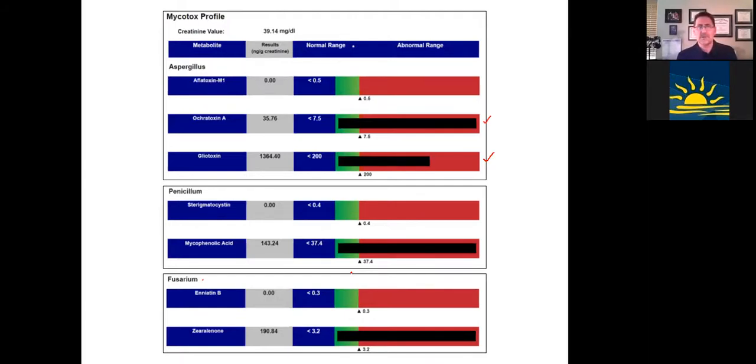Okay, it still could be that a person has mold in their sinuses, mold in their lungs, for example, that may not be reflected on the organic acid test. And these mycotoxins are separate, are different from the mold. Yes, they were produced by the mold, the Aspergillus, for example, but the mold could be gone, but the mycotoxins can still remain.